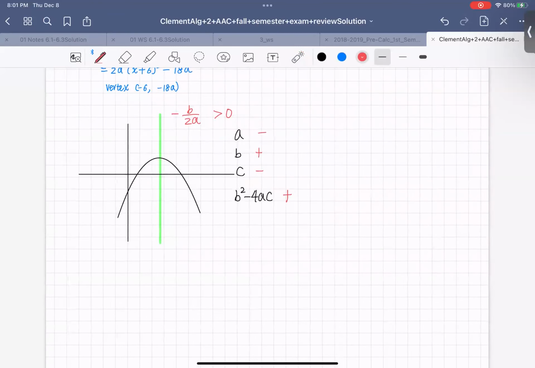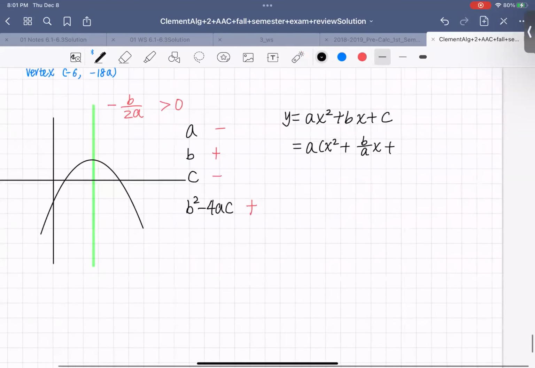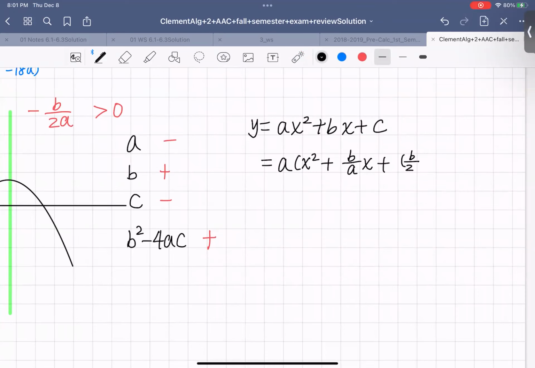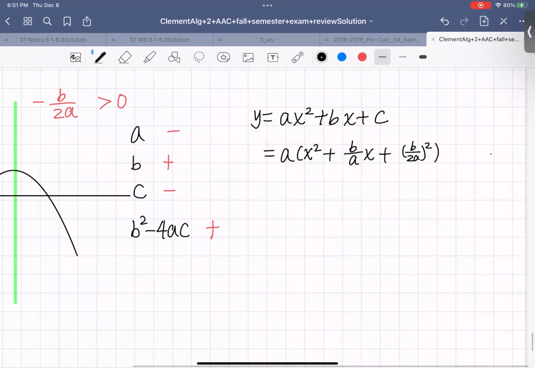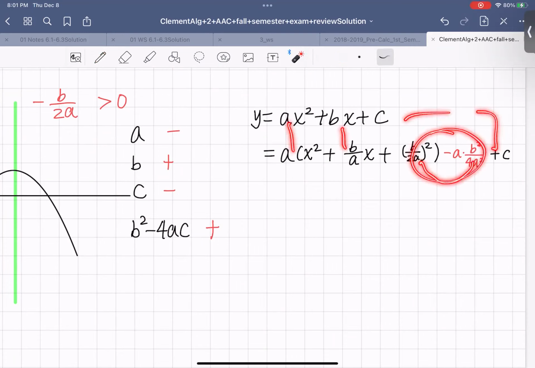Look at this. If I have y equals ax squared plus bx plus c, I will take a out. And then I will plus b over 2a in parentheses squared. And then plus c is copied down, but minus a times b squared over 4a squared to balance this. This matches, this matches, this matches, this balances.